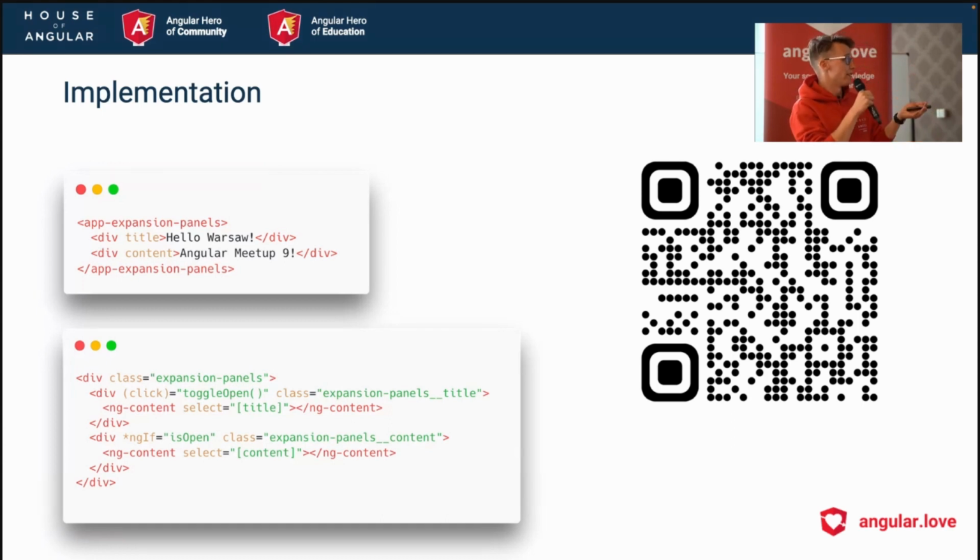Again, we have this app expansion panel component, and between the opening and closing tags, we now have two divs with two different attributes. The first attribute is title, the second is content, and inside them I added the text that was previously passed to the inputs. So now we don't have any input.